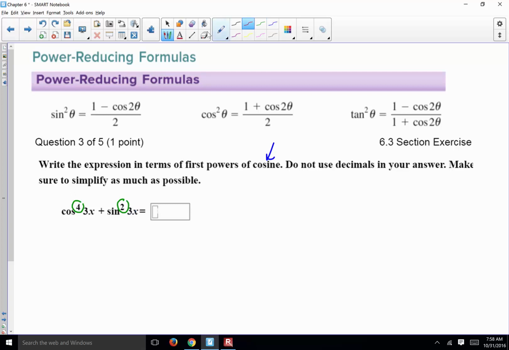This is the second reason the main title of these formulas is power reducing, because these half angle formulas are widely used for reducing power, especially in calculus. Whenever you need to take the integral of such things, you will notice that having a square or power of a function in an integral is a really challenging question.